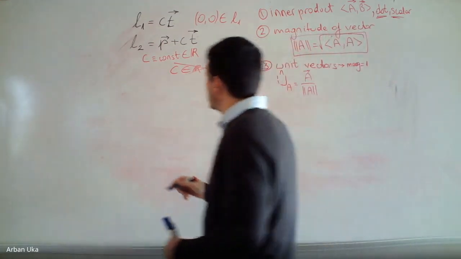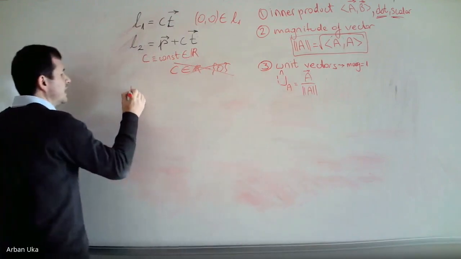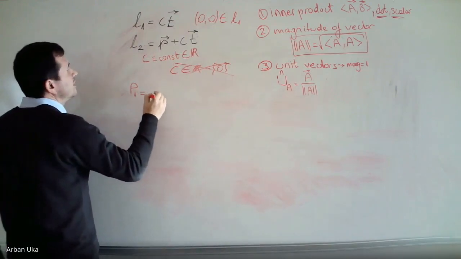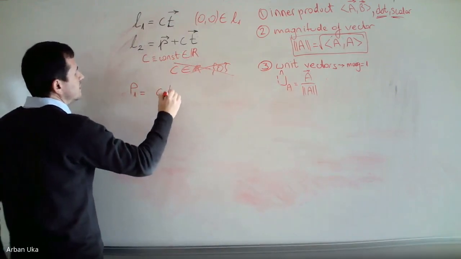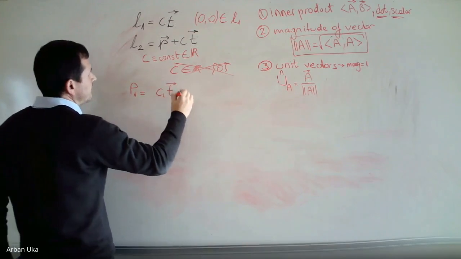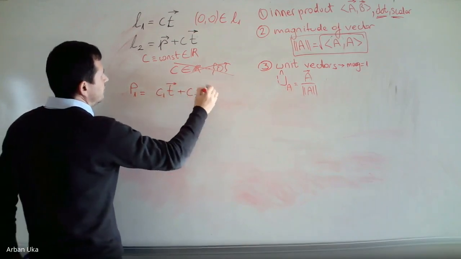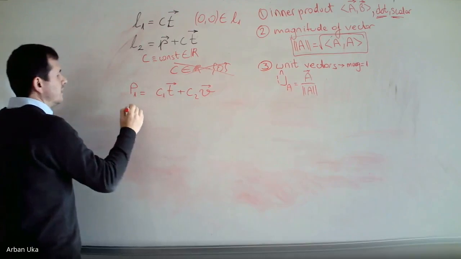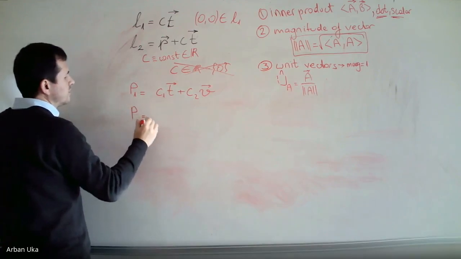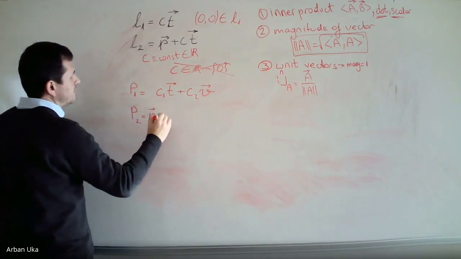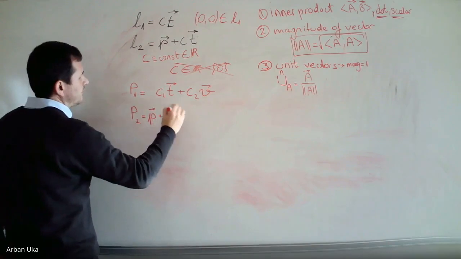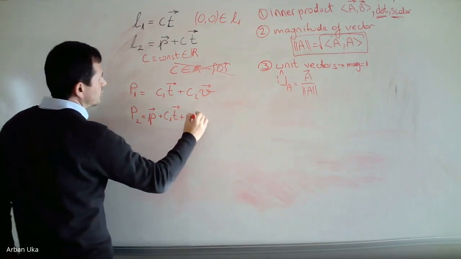Similarly, we can define a plane P1, which is going to be equal to C1t plus C2v, where these are vectors, or we can also have another plane P2, which is going to be equal to P plus C1t plus C2v.